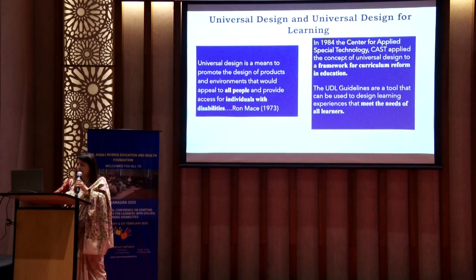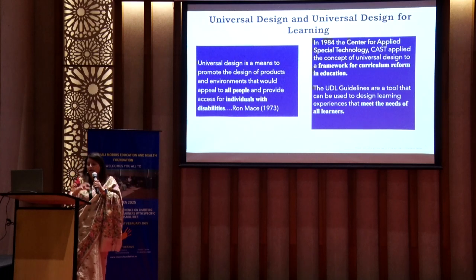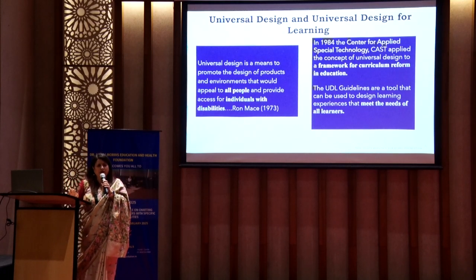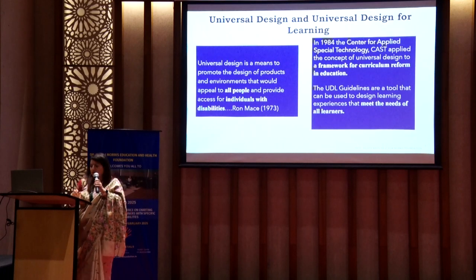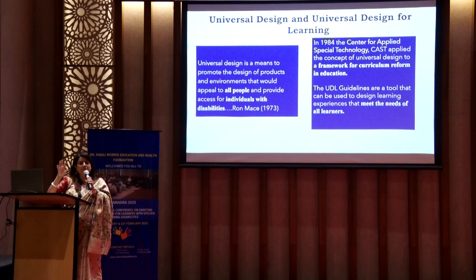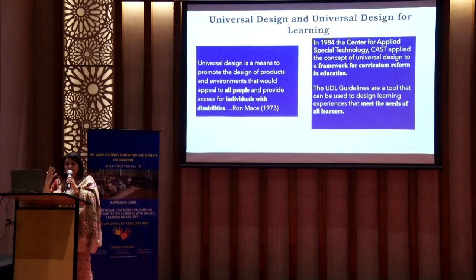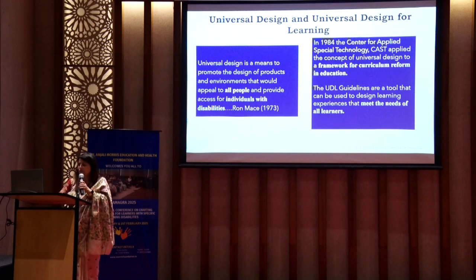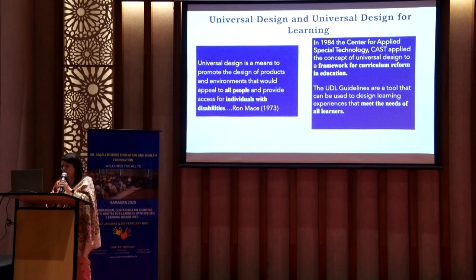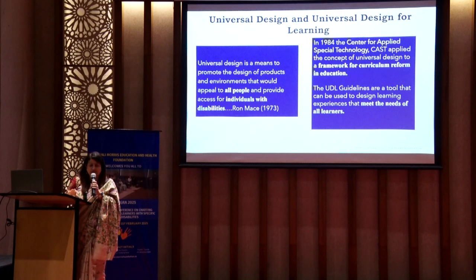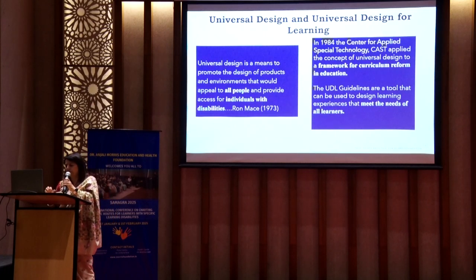Now this concept was adapted for learning. How? By CAST. Have you heard of this organization, CAST, from the US? This is where Universal Design for Learning started. This research happened and continues to happen there. In 1984 it started. It's called the Center for Applied Special Technology, CAST. They applied the principles of universal design to the learning environment. It is a framework for curriculum reform and education.